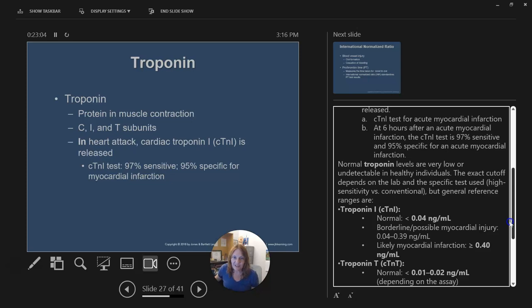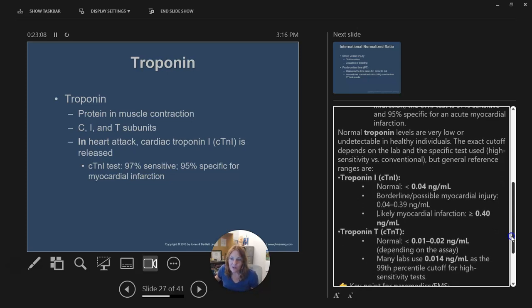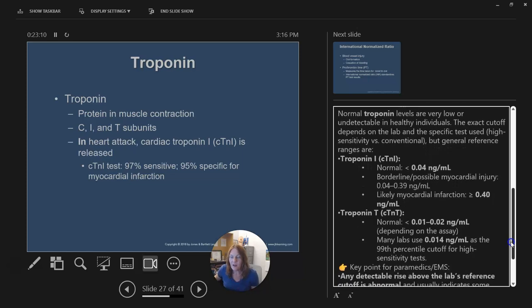There's high sensitivity versus conventional, but general references are our troponin normal is less than 0.04. Borderline, meaning there could be a possible myocardial injury that has occurred, is our 0.04 to 0.39. And likely that a myocardial infarction has occurred is greater than 0.40.